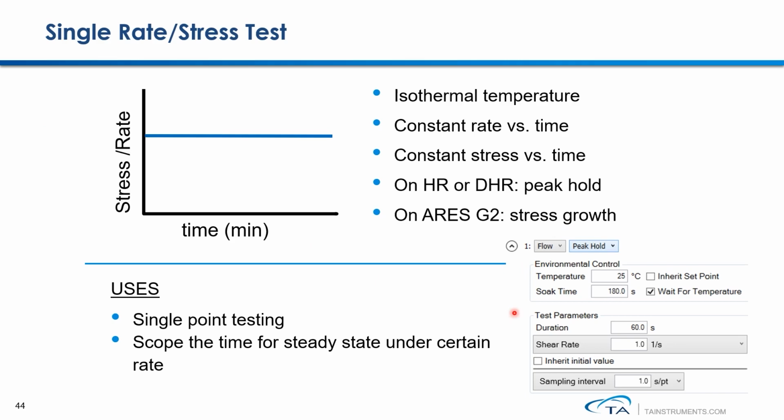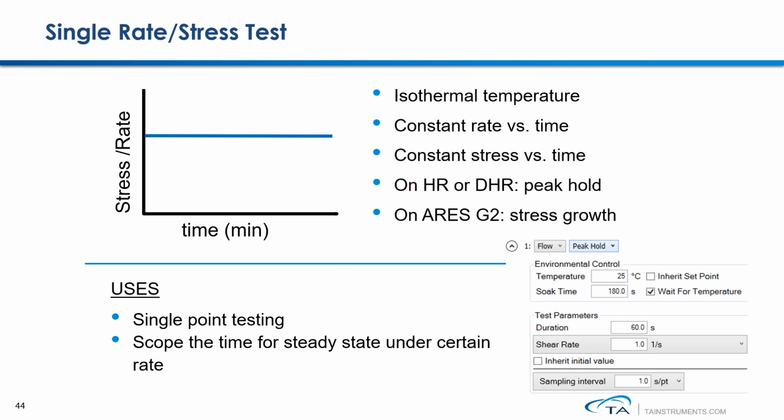This screenshot provides an example of how to set up a single rate and single stress test using TRIOS software. If you have a Discovery Hybrid rheometer, the single rate test method is named peak hold. If you have an ARES G2 rheometer, this test method is called stress grow in TRIOS software.